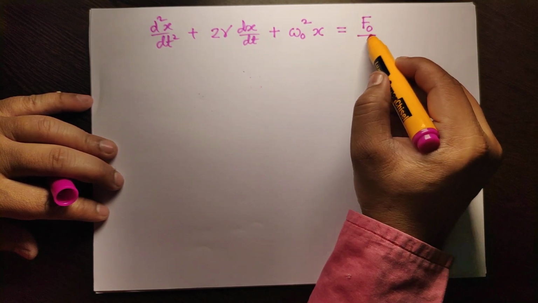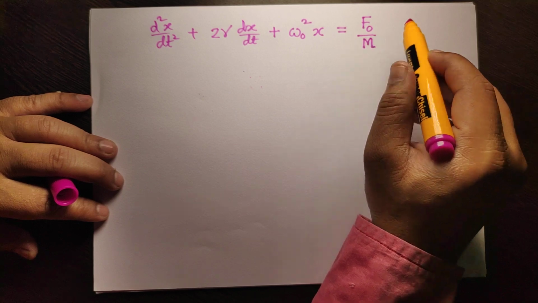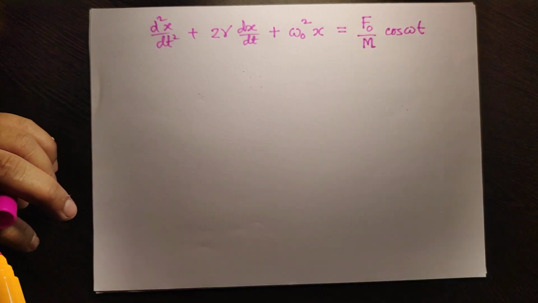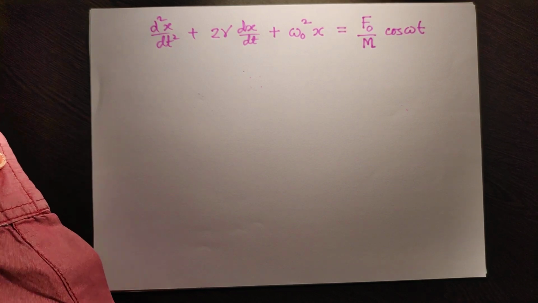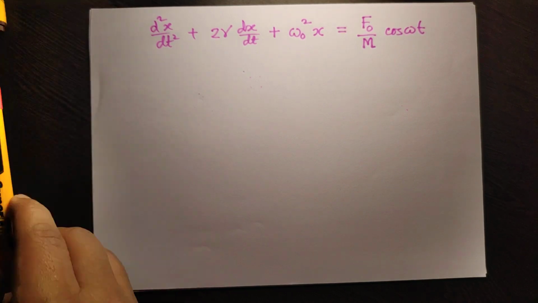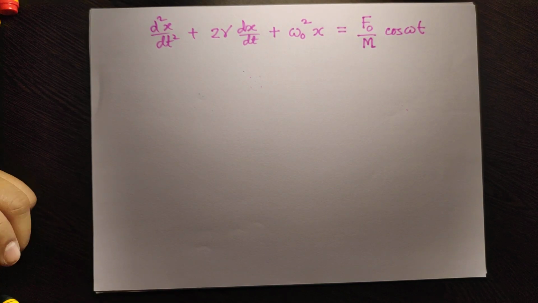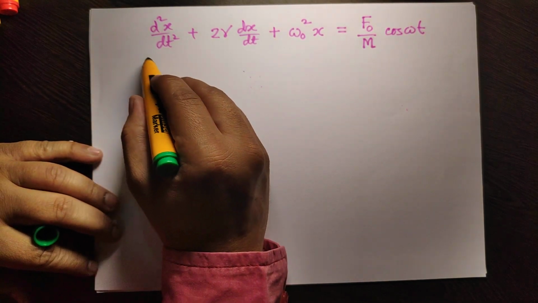F naught is the amplitude of the external periodic force. Okay. So what will be the steady state solution as we discussed just now?